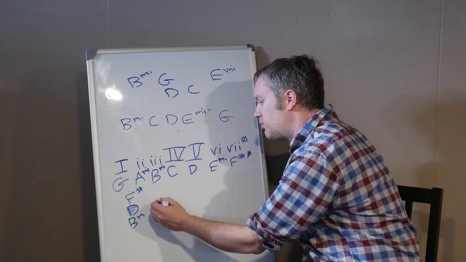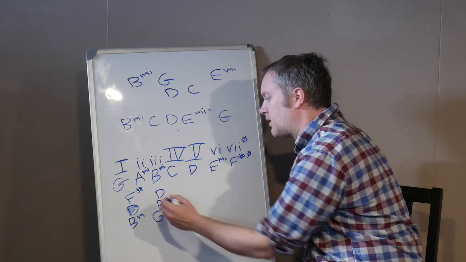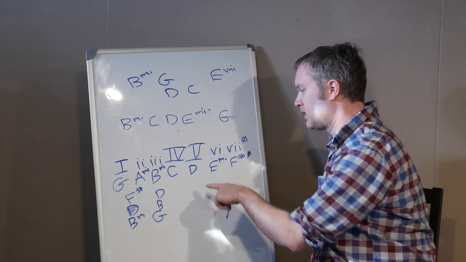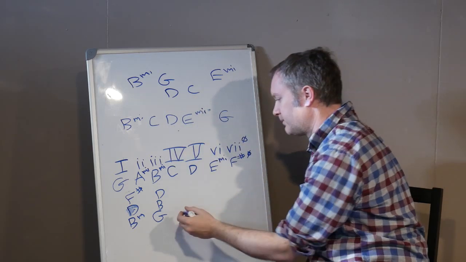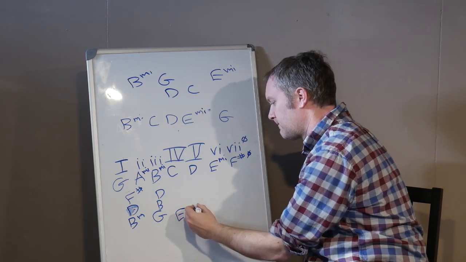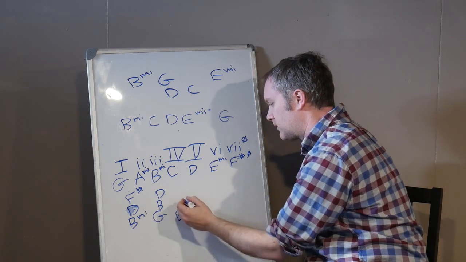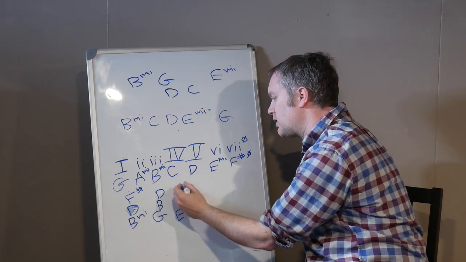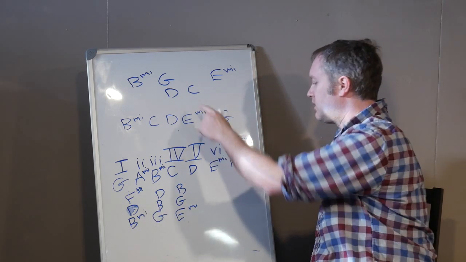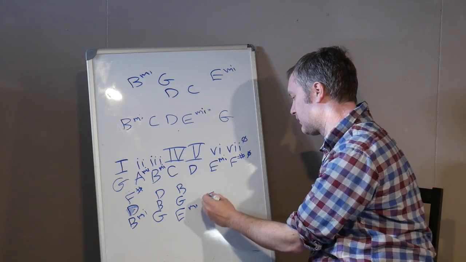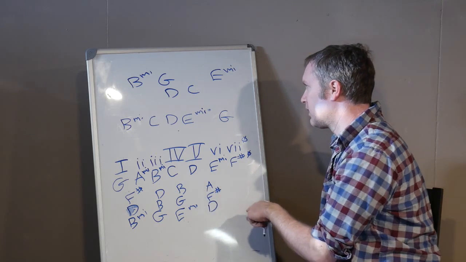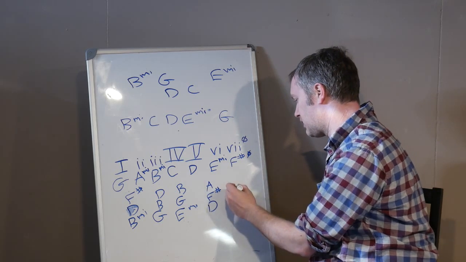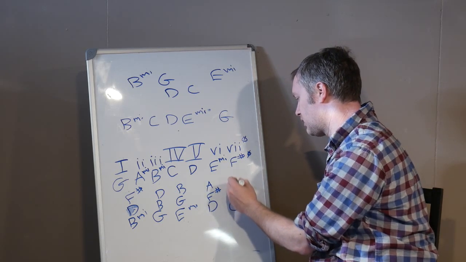G, B, D. Right? The next chord is, what was it, an E minor chord? Keep forgetting that. E, G, B. D chord, D, F sharp, A, and C was C, E, G.